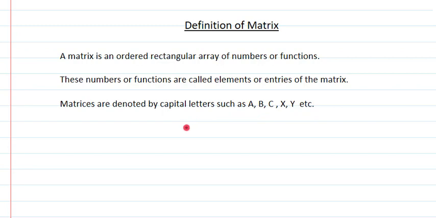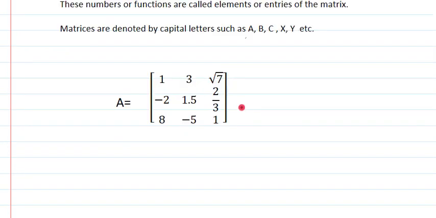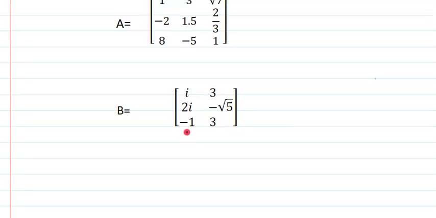To know more about matrix, let me write one of the matrices in front of you. In this example, here is matrix A and you see that all the entries in this matrix are real numbers. Let me write another matrix. Here is another matrix B and in this matrix you can observe that some of the elements or entries are complex numbers and some others are real numbers.